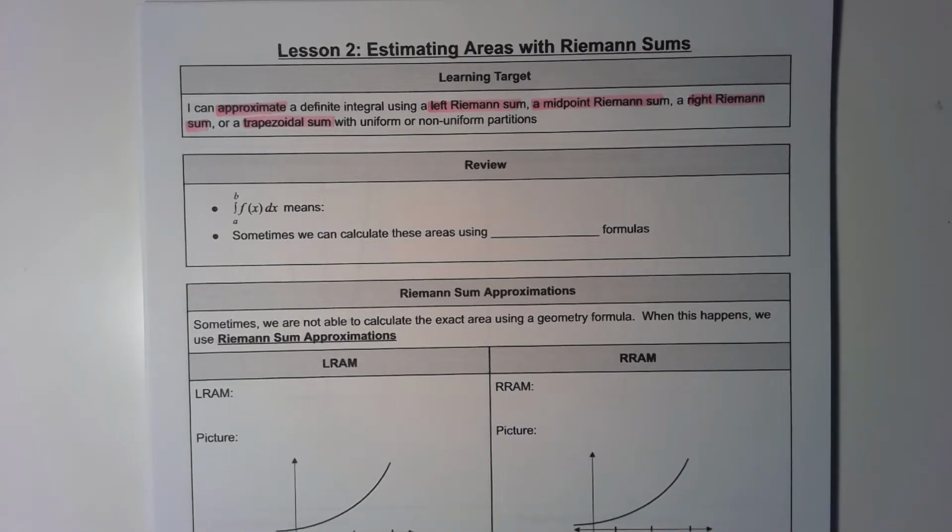Now, what we're going to be doing today is learning 4 different ways to estimate the value of an integral when we are unable to find that value exactly using geometric methods.